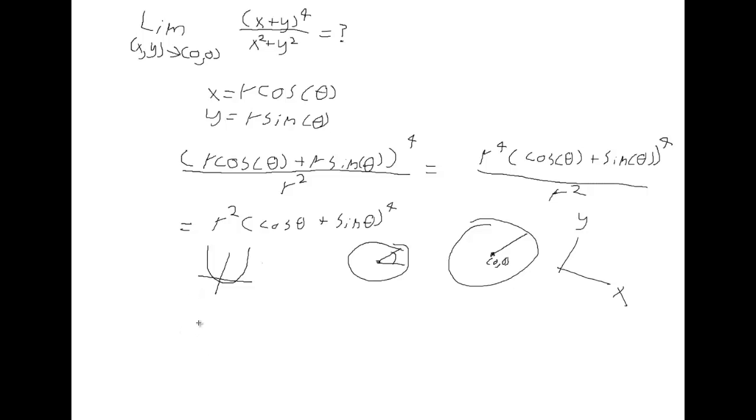Now, that allows us to just evaluate the limit, and we can just do this as the limit as r approaches 0 of r squared times cosine theta plus sine theta to the fourth, and this simply equals 0 when we transform it back to xy coordinates.